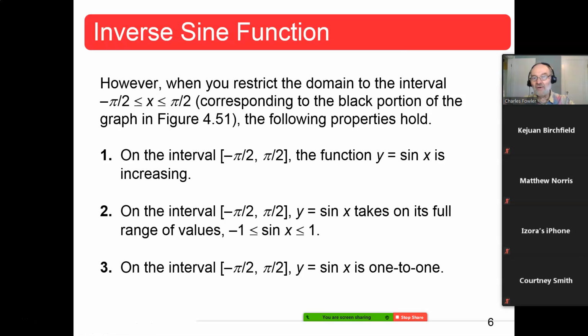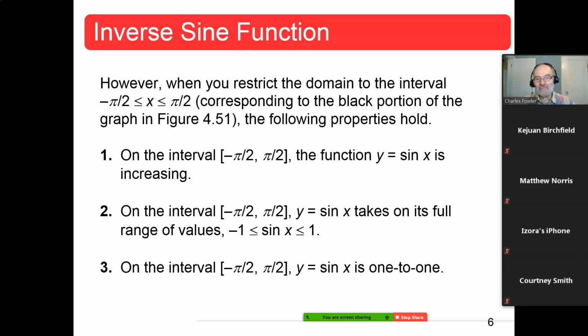However, when you restrict the domain to the interval minus pi halves to pi halves, and notice here it does include the endpoints, there's equal signs there, corresponding to the black portion of the graph, the following properties hold. On that interval, sine x is strictly increasing.